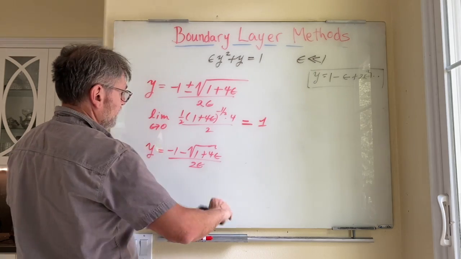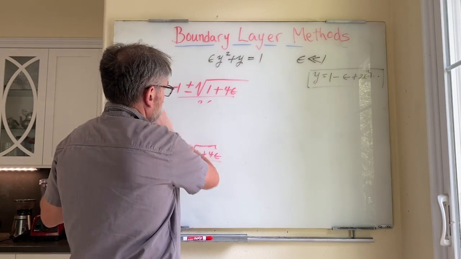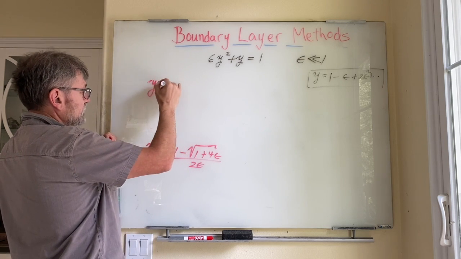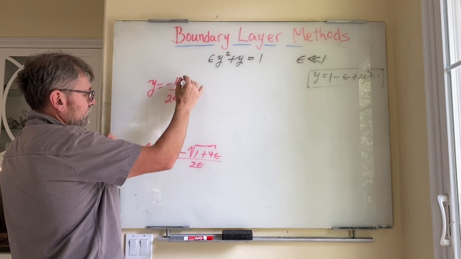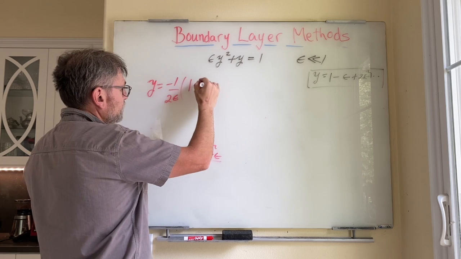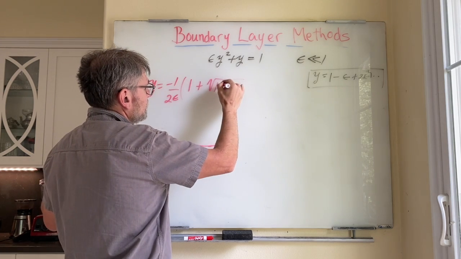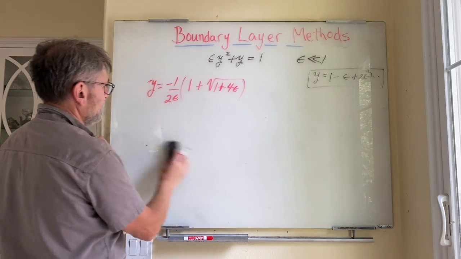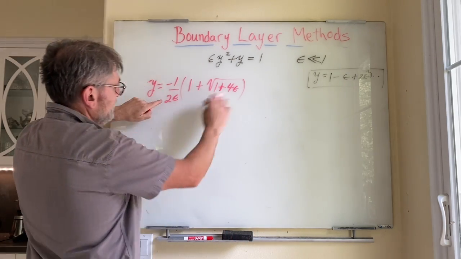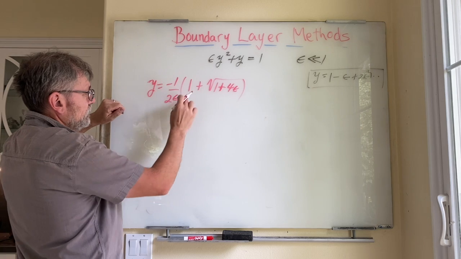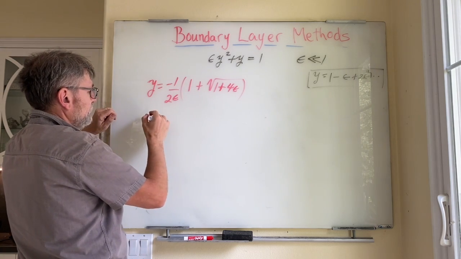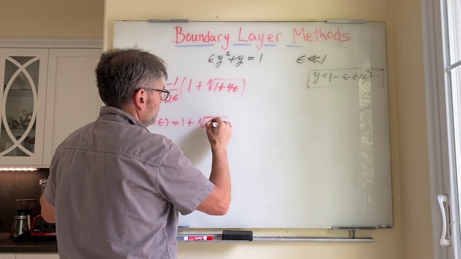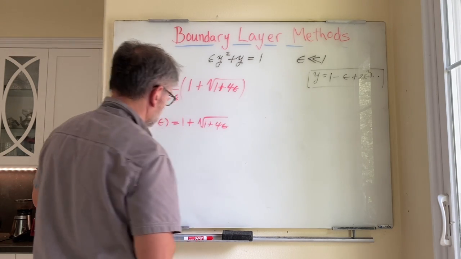So let's expand this one, see what it looks like. This one, y is equal to minus 1 over 2 epsilon times 1 plus the square root of 1 plus 4 epsilon. And then I'm going to expand this part out in a Taylor series. So let's define f of epsilon to be equal to 1 plus the square root of 1 plus 4 epsilon.